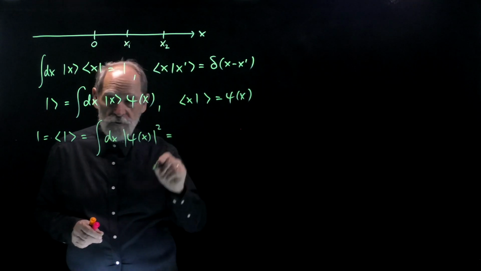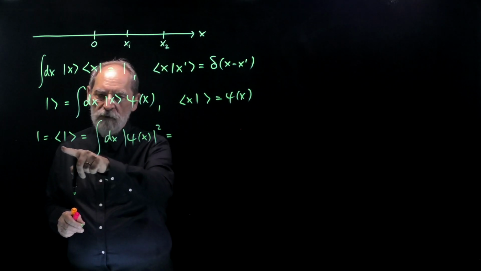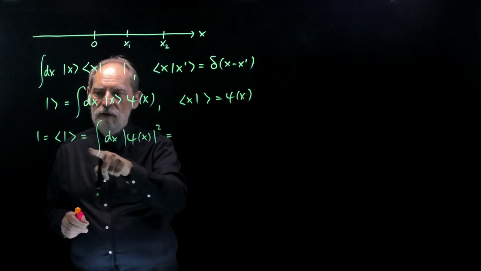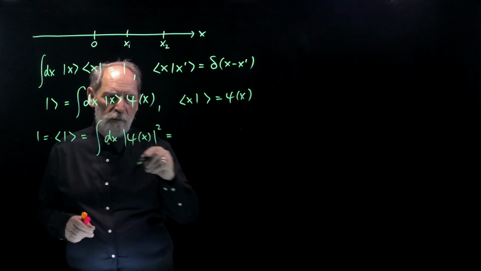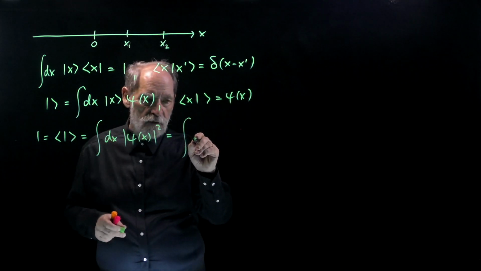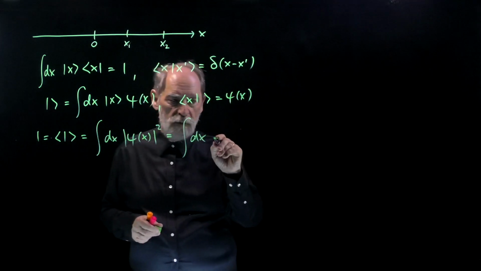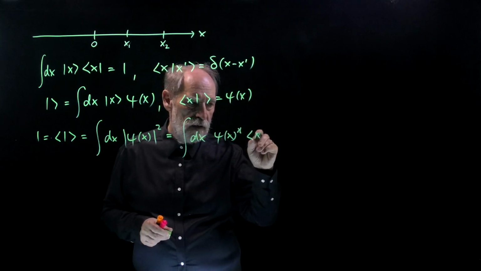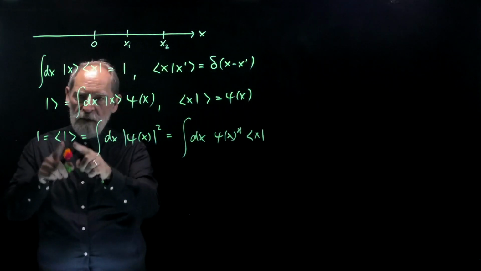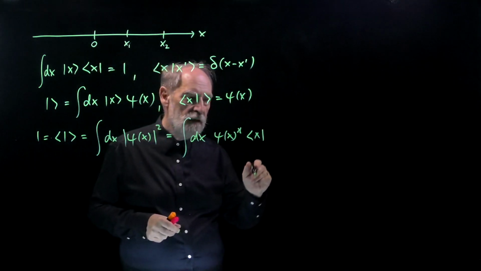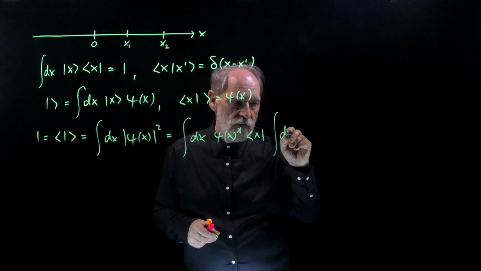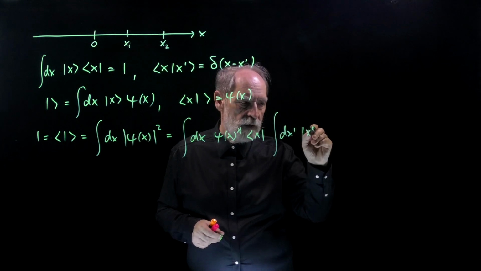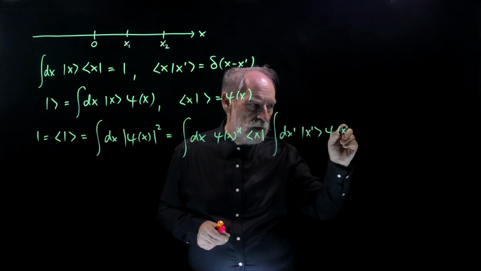Let me just quickly repeat where this comes from. So I will insert the expression for the bra. So that's this integral. However, it's the integral for the bra. So we have the psi of x complex conjugate and then the x bra. And then for the ket, we have this again, but now it's an integral over x prime, psi of x prime.